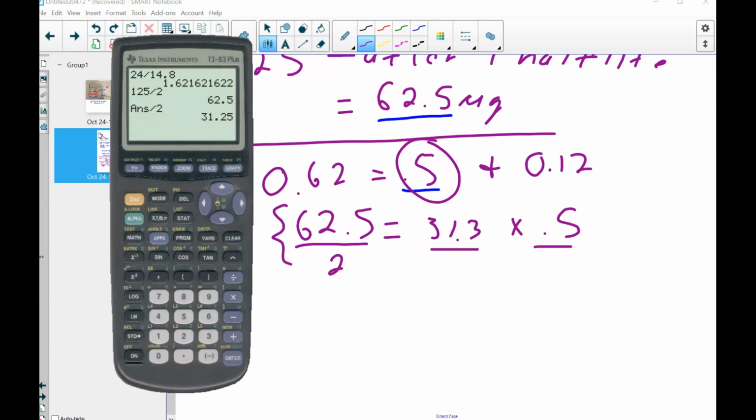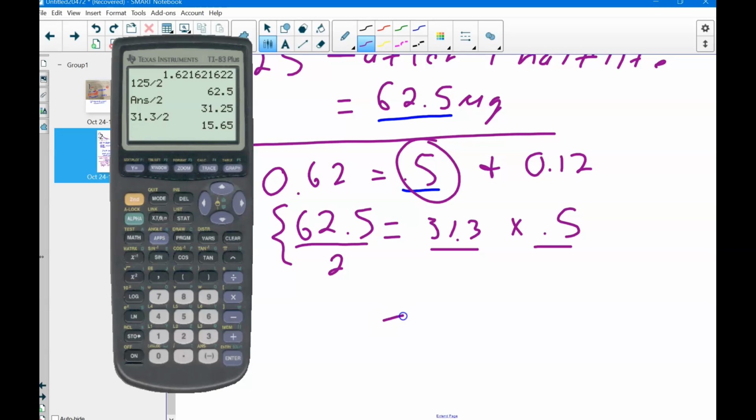So now if I had 31.3, divide that by 2, half of that will be 15.7.